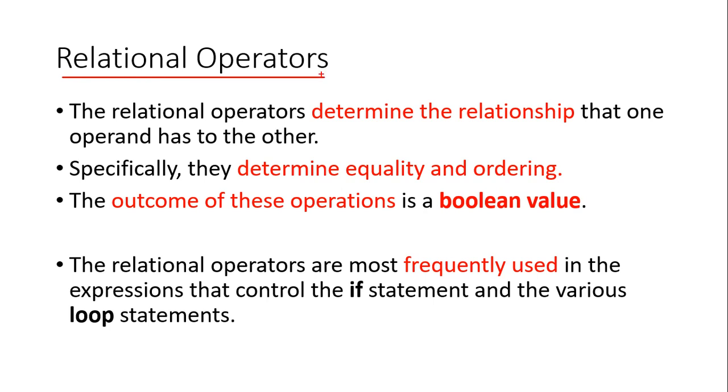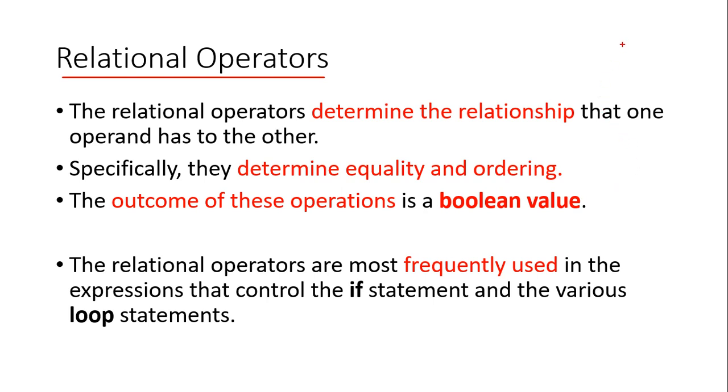So what are these relational operators? We know that in real life we try to find the relationship between us and some others. So you may say that he or she is my friend, my cousin, my uncle. So you try to compare. Now when you say it's a relationship, usually there is an order.